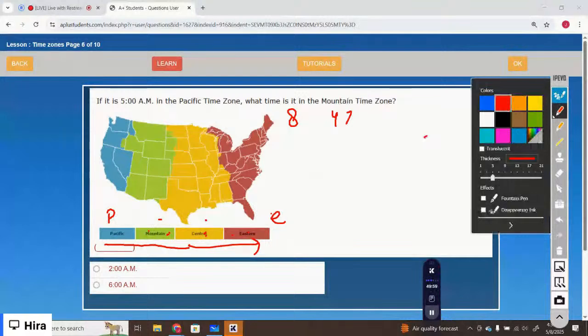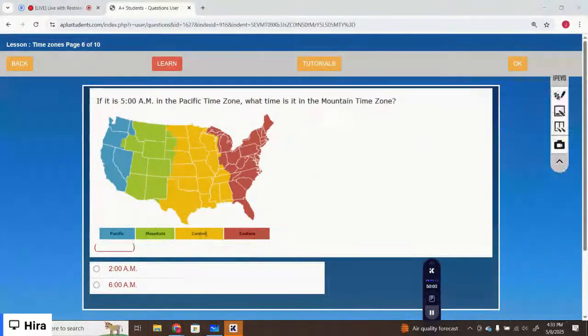Let's look at one. If there is 5 a.m. in the Pacific time zone, what time is it in the mountain time zone? So going from Pacific to mountain, you need to add one.